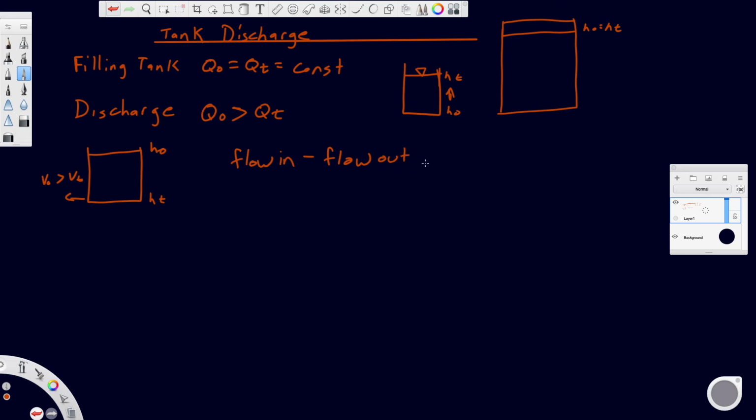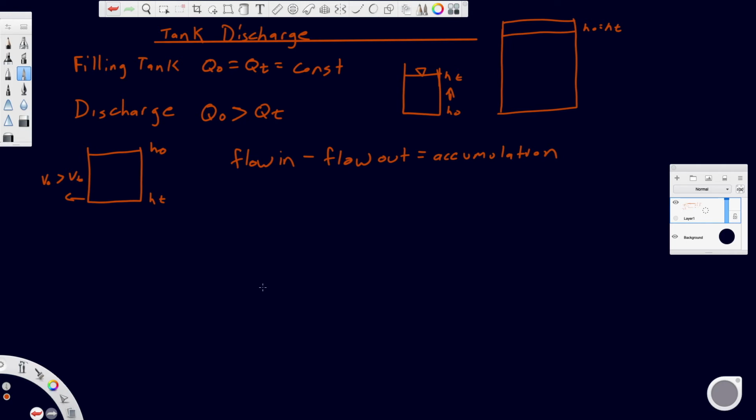Pencil's bouncing around, sorry. And that's going to be equal to your accumulation. Rate in minus rate out is equal to rate of accumulation.